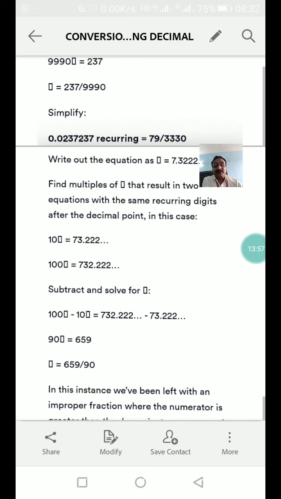Now subtract and solve for x: 100x minus 10x equal to 732.222 minus 73.222. You get 90x equal to 659. In this way, you get x equal to 659 by 90.